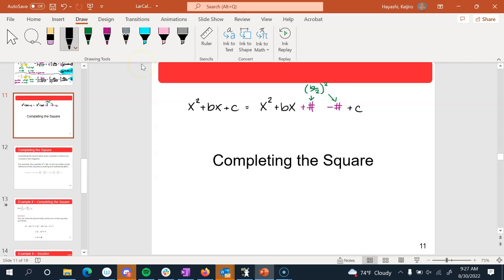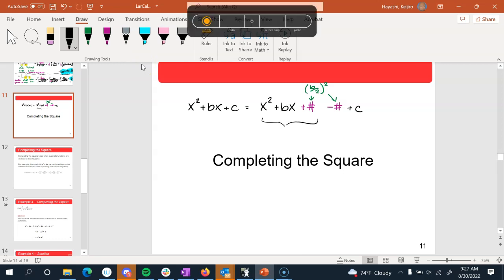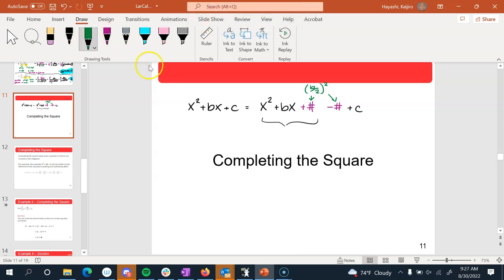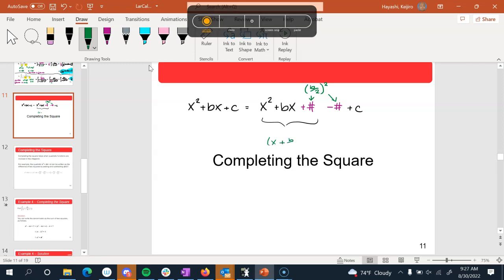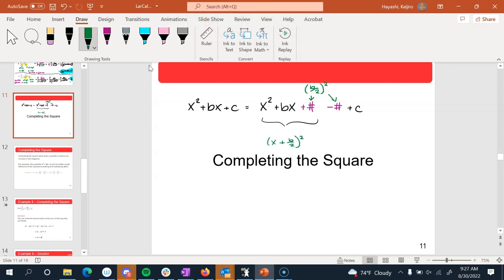And if you do that, this is going to become x plus b over 2, all squared, and then plus or minus some other number as a result of this part.